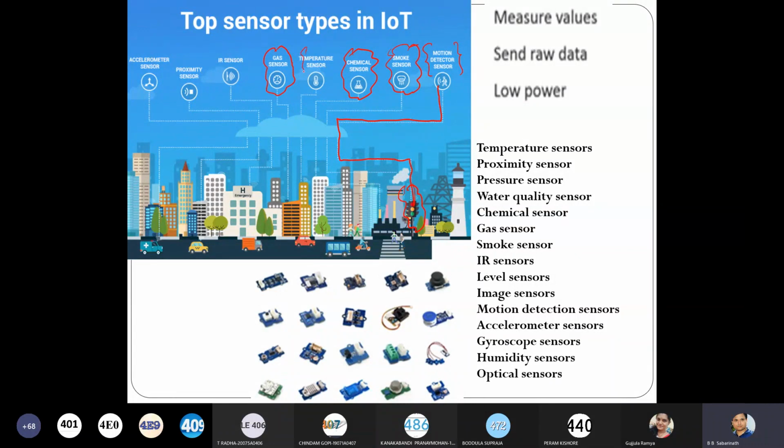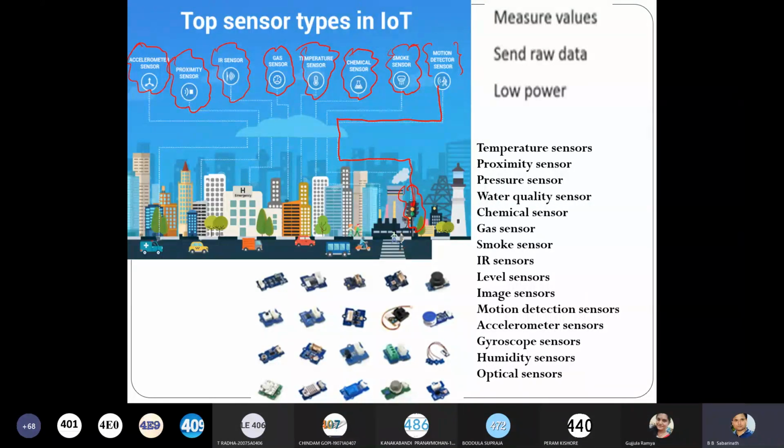You may deploy a temperature sensor, which has numerous applications. You have an IR sensor to measure the distance, like a proximity sensor. An accelerometer sensor measures the acceleration. Similarly, many sensors like the gyroscope.